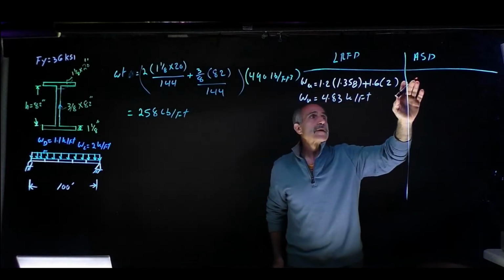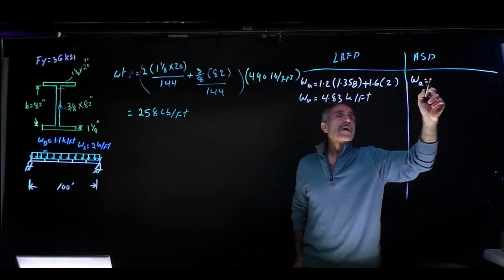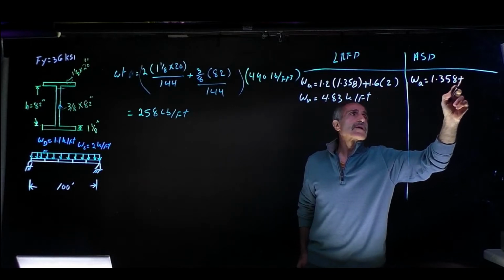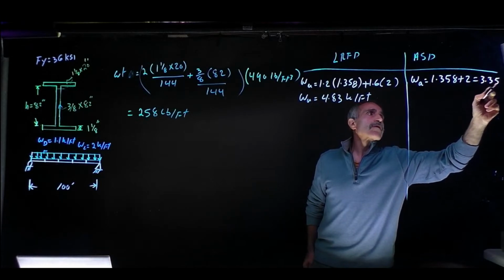In allowable stress design, WA comes out to 1.358 plus 2, which is 3.358 kip per foot.